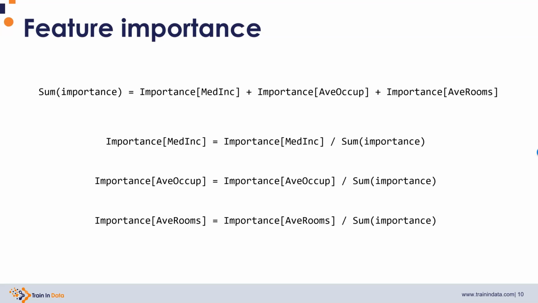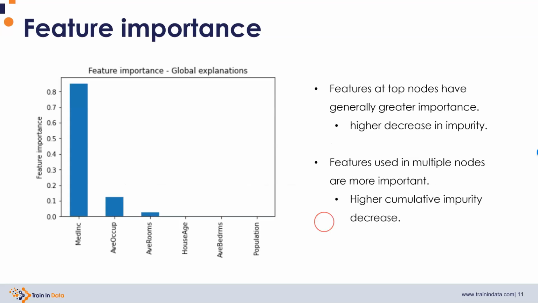And now the value that you see from scikit-learn is the importance obtained from the median income normalized to the total importance, or the importance from average occupancy normalized to the total importance, and the same for average number of rooms. So the sum of the importances of all the features will equal 1. And this is what you obtain when you use scikit-learn to derive the feature importance from the decision trees.